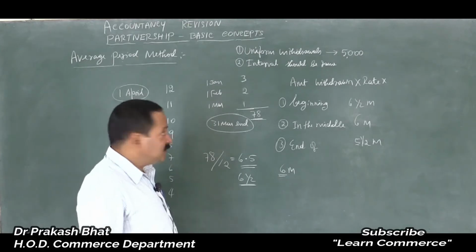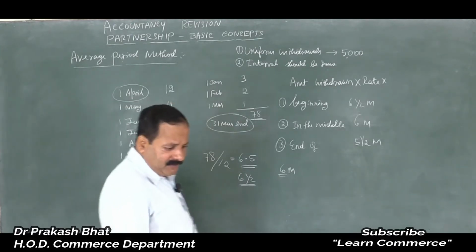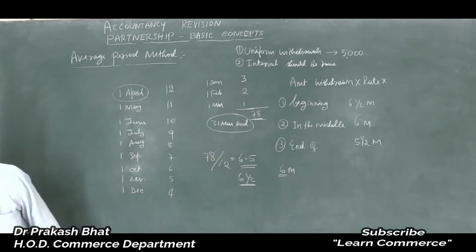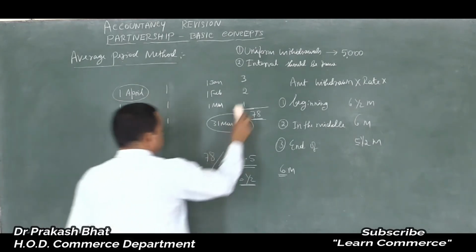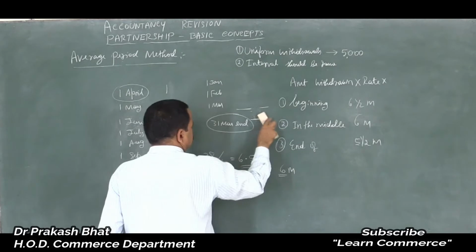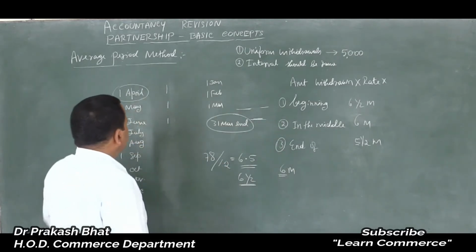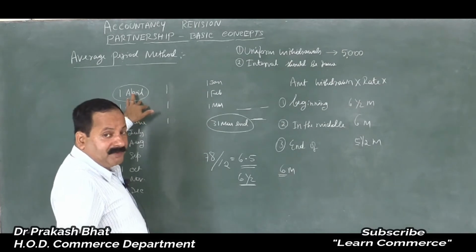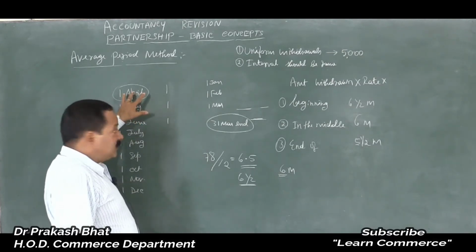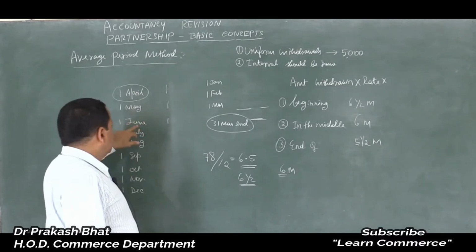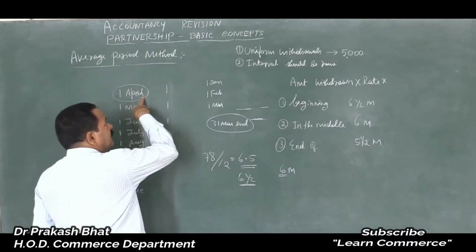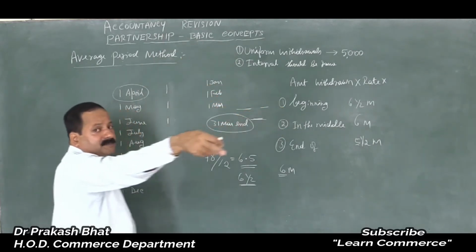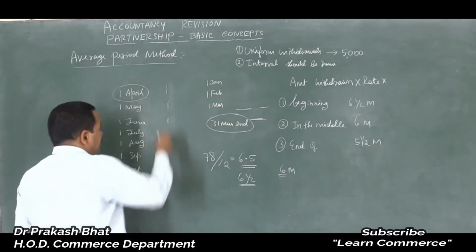Take at the end of the month, this will change, isn't it? Entirely it will change. Let me show how it is. Take, the first withdrawal was on 30th April because it is the end of the month, right? 30th April, then 31st May, June 30th, July 31st, August 31st, September 30th, like that. If we take from 30th April to 31st March of the next year, how many months? 11 months, right?